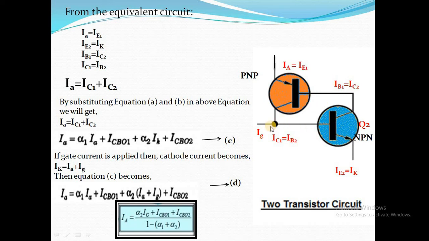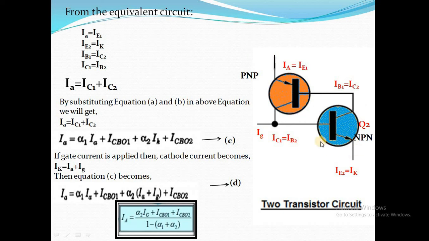In this condition, if we make the gate current 0, that is, if we switch off the gate supply, the collector currents of both the transistors still supply current to the base of both the transistors. So internally the collector current flows into the base of both the transistors, and these two transistors remain in the on condition. Therefore anode to cathode current flows.